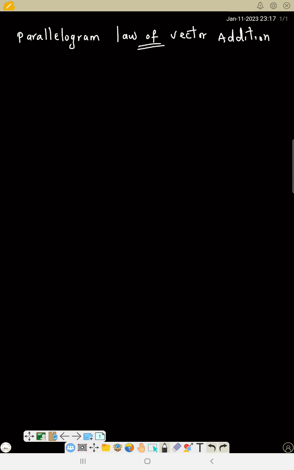Now, parallelogram law of vector states that if two vectors, so let's say we have two vectors like this. I'm calling this vector P and I'm calling this vector Q. Now, if two vectors are represented by the two adjacent sides of a parallelogram, this is how we draw a parallelogram.